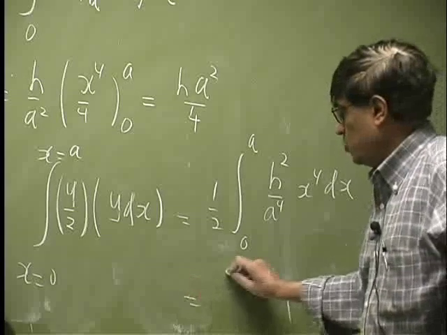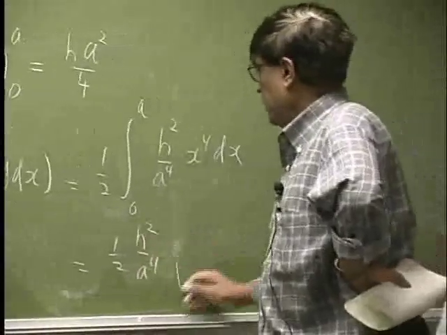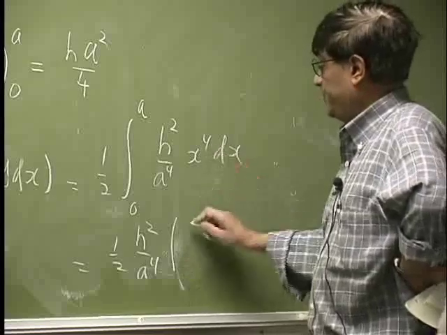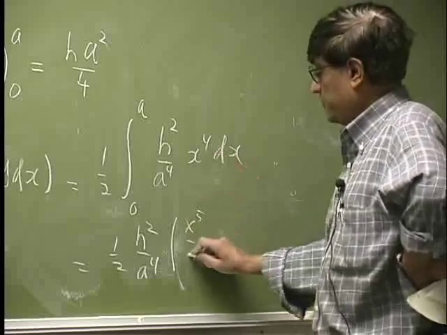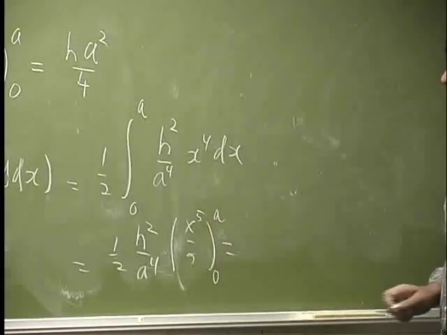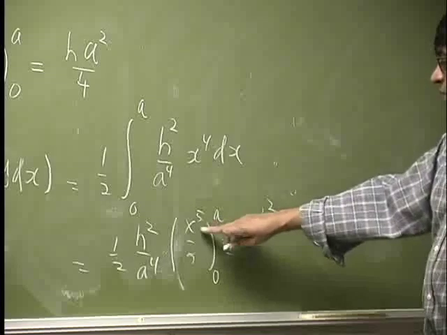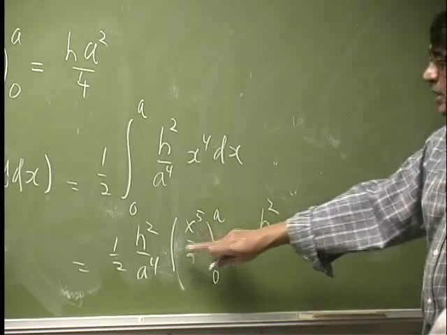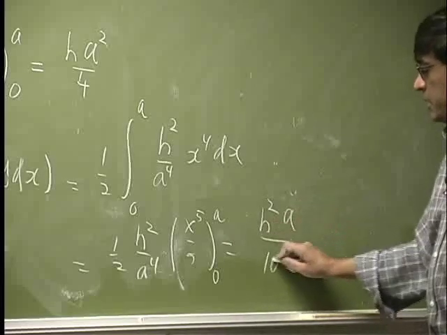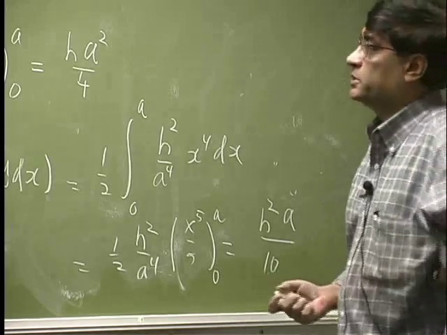So that would be 1/2 h squared over a to the fourth, and then this is going to go to x to the fifth over 5 with the limit 0 to a. So we get h squared, that's going to be a to the fifth, you divide by a to the fourth, so you get a, then you have a 10. So that's your third integration.